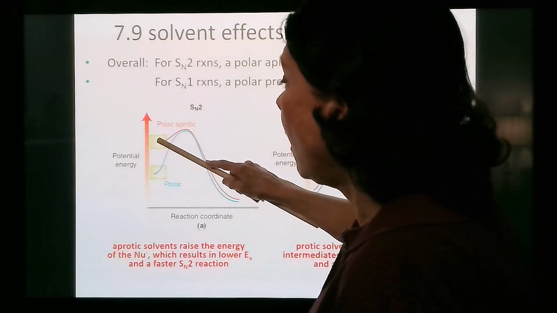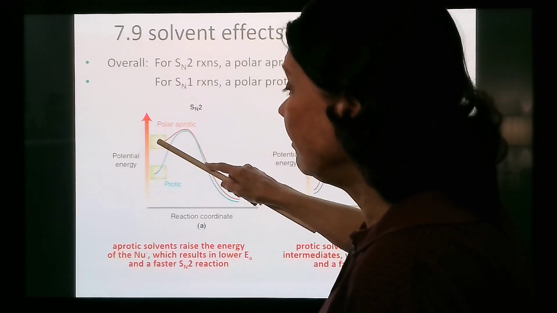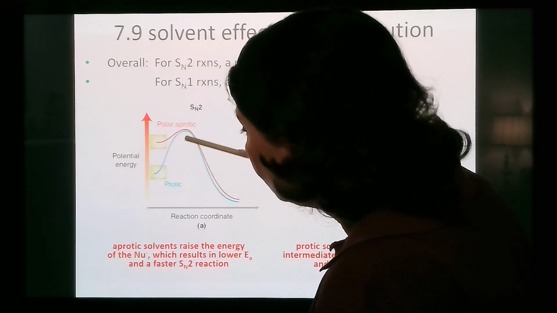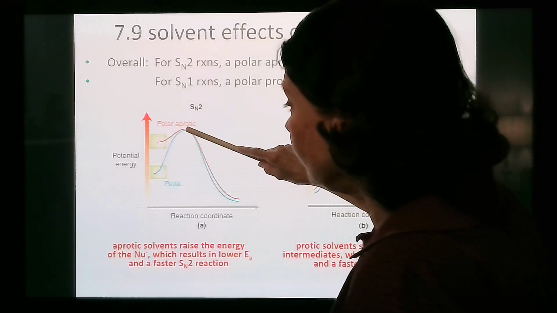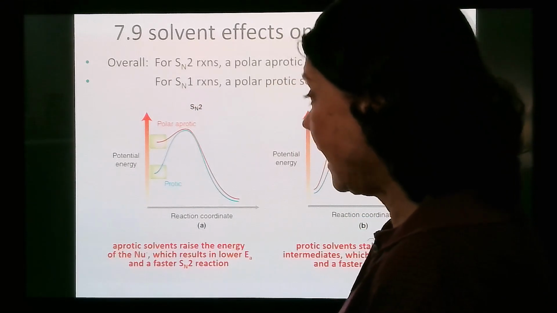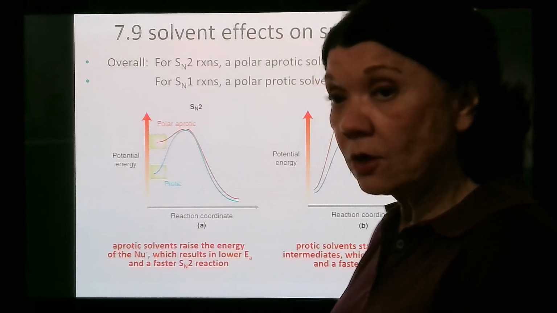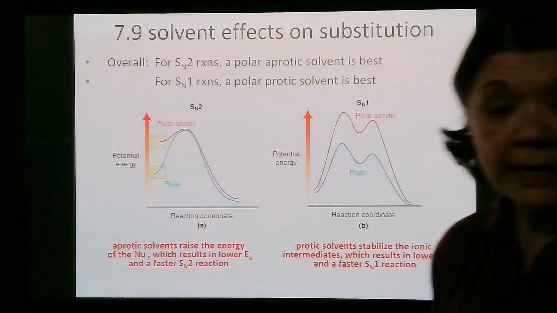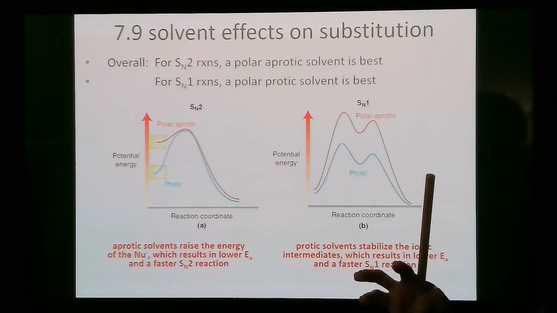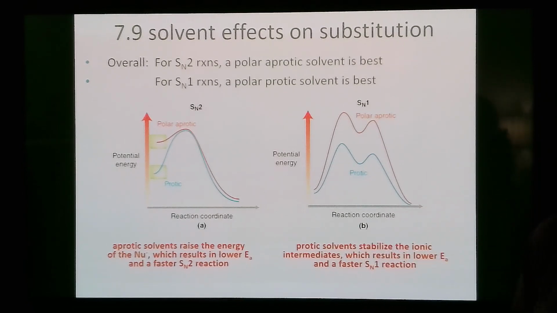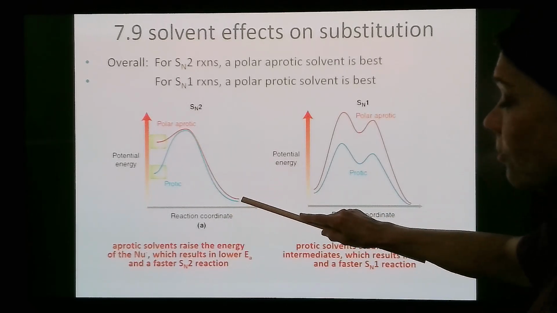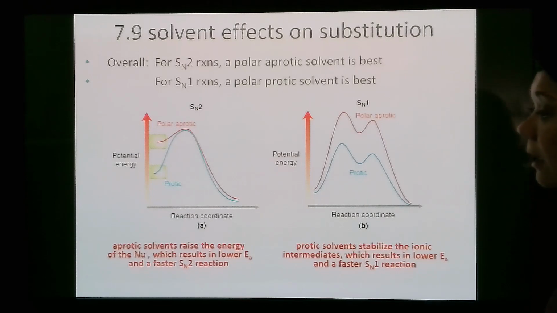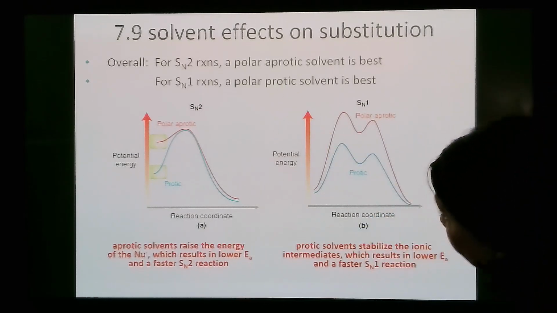Now, in a polar aprotic solvent, they're not stabilized, and so the energy of activation is much less. So it makes the reaction go faster in an SN2 reaction. And also the attacking nucleophile is not covered by a hydrogen bonding solvent. And so then they both follow the same pathway down to the products. But the reaction is faster.